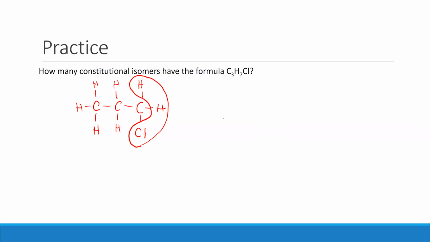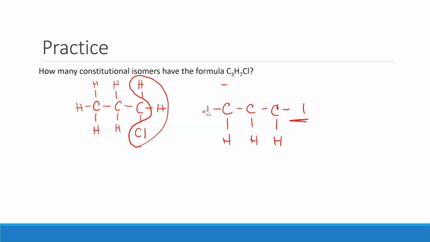So what I mean is, if I drew this like this, with the chlorine here in the middle, this is actually in the same position. This is rotated into position. So this is not a structural change. It has not changed positions. It's still connected to the same carbon. So this is not a different molecule.